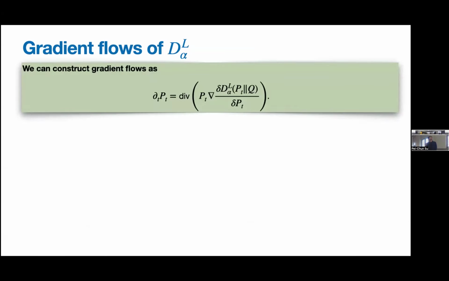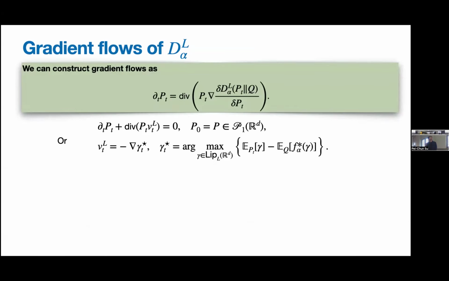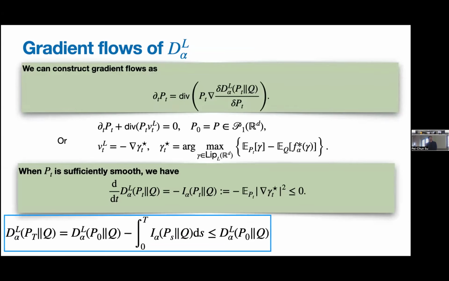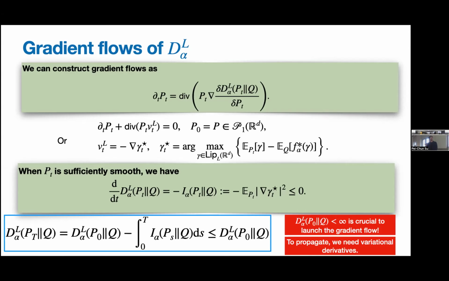Okay, so given this result, we can even formulate the gradient flows of this. Here we have something like Fokker-Planck, but no longer with the tail, rather a Lipschitz regularized version of that. You can write it as an integral between the initial time and the target time, from 0 to t.